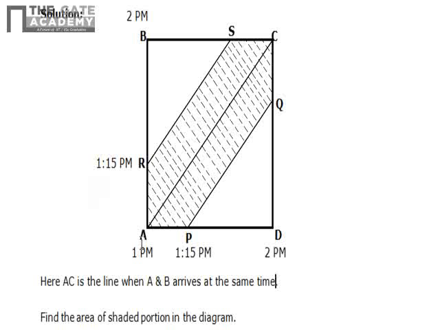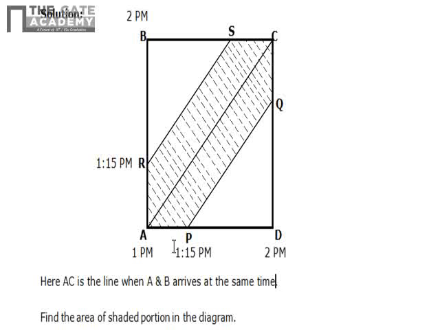If the first person comes between 1 to 1:15 and the second person also comes between 1 to 1:15, then this is the shaded area of the possibilities that they'll meet, otherwise they'll not meet. So you have to find out the area of this shaded region, nothing else. So the total area of this box minus the area of these two triangles will give the area of the shaded region.